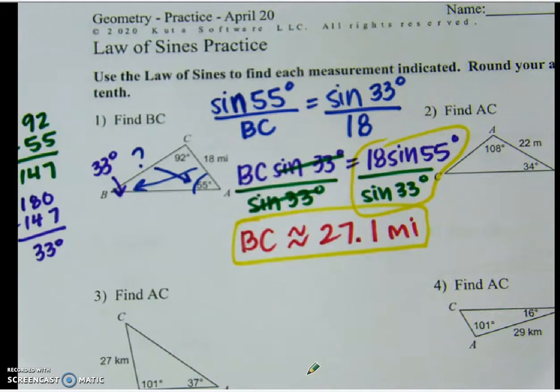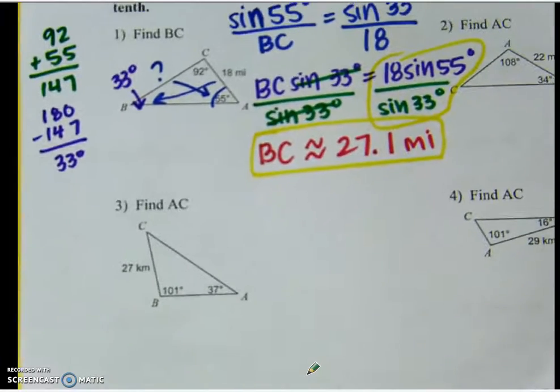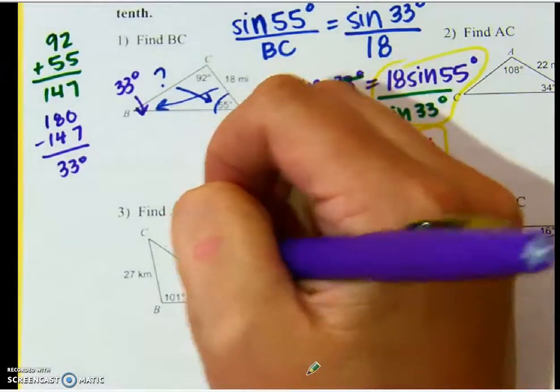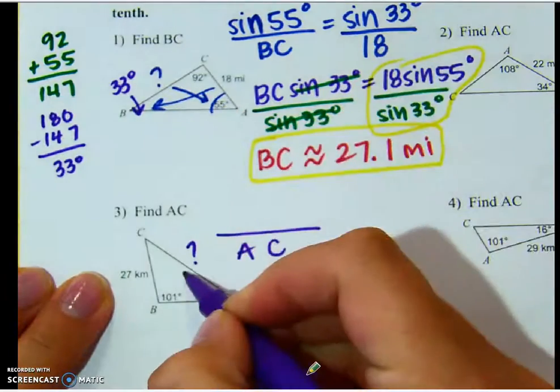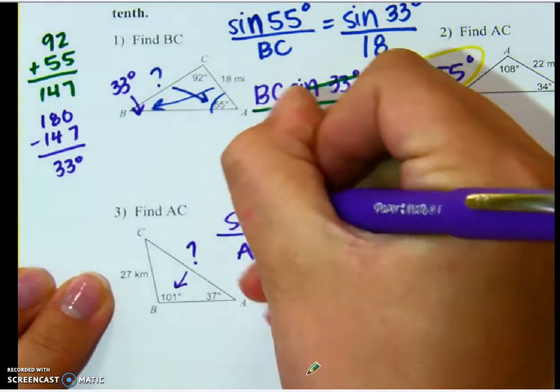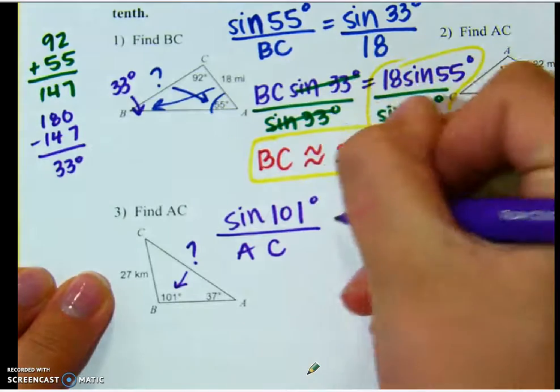Okay? All right, let's do number 3. So for number 3, they're asking for AC. So that's going to go in the bottom. And then across from that is going to be sine 101.